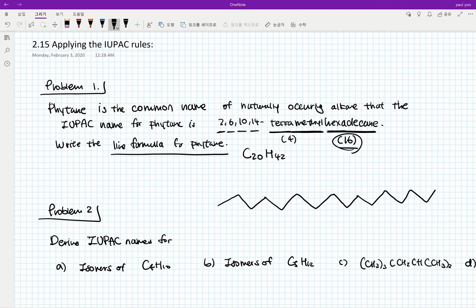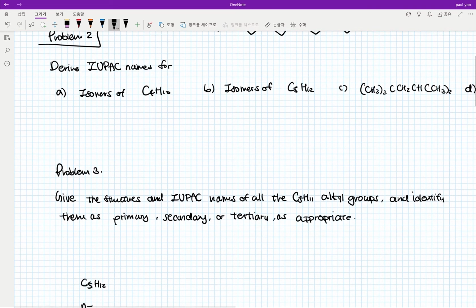And it has 2, 6, 10, 14 methyl groups. So this is how the line formula for phytane looks.